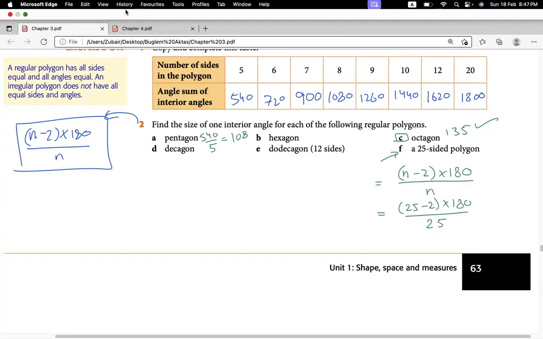This is 165.6. Let's check where we go. This was 25 minus 2, which is 23, times 180, divided by 25. Now we know that we can divide 180 and 25 by 5.